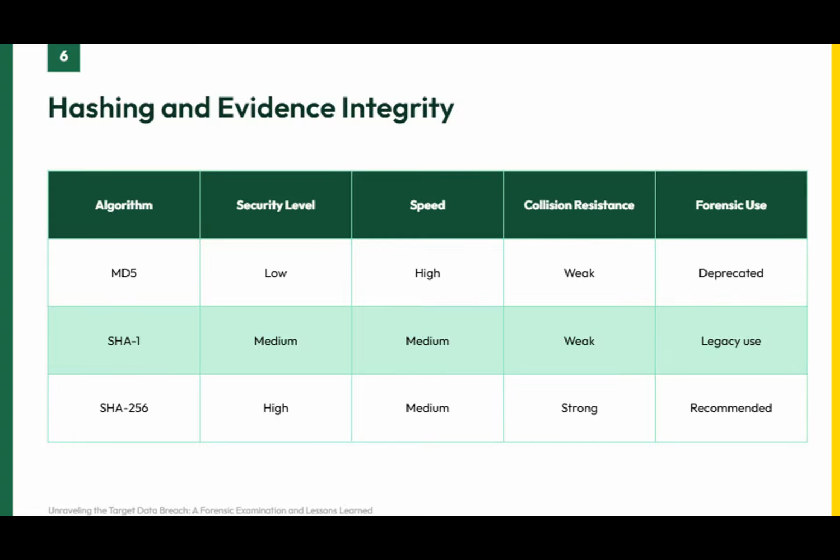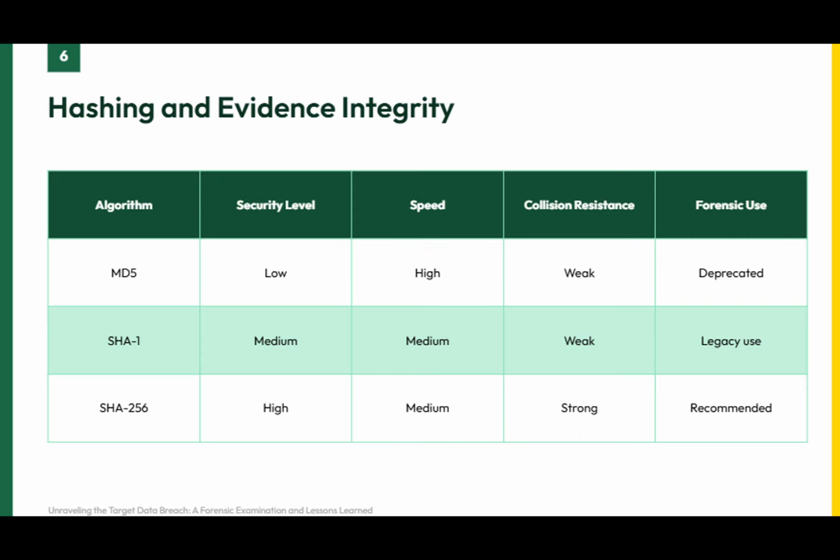We can see that it is divided into different levels and parts. There are many algorithms, with their security level, speed, collision resistance, and forensic use. The first is MD5. Its security level is pretty low and the speed is pretty high, but the collision resistance is weak, so it is deprecated.